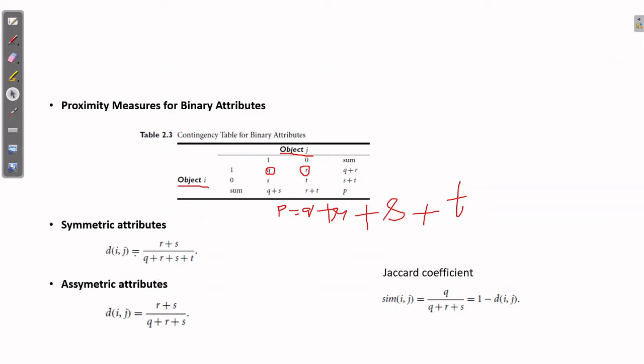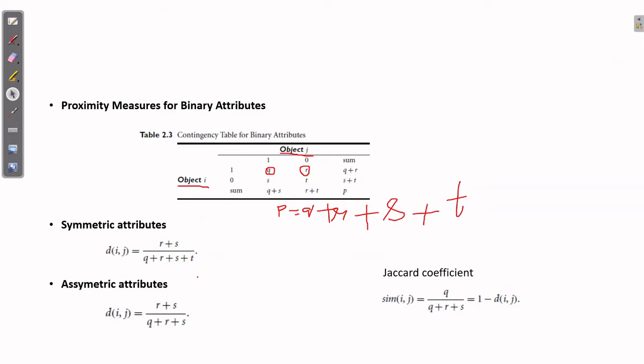Okay. Now, what about asymmetric attributes? The example we talked about is a test for a disease, say HIV positive. Positive has great significance, but if you are HIV negative, it is not really that important.